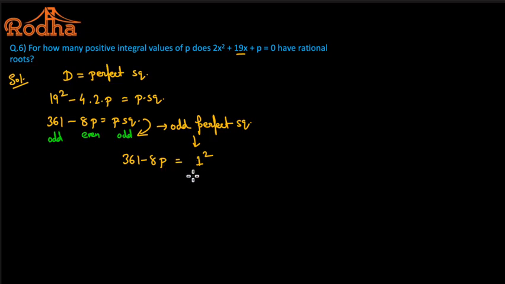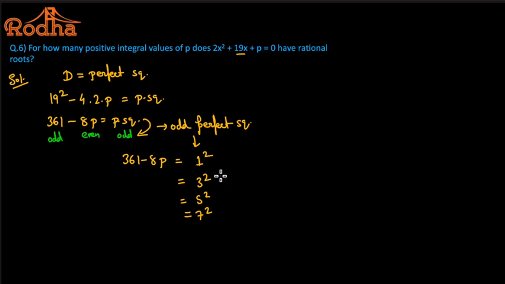Then I can also get 3 square because I'm looking for odd perfect squares. Again I'll get some value of p. Then 5 square, then 7 square. Till what point? I'm supposed to find for how many positive integral values of p it has rational roots.